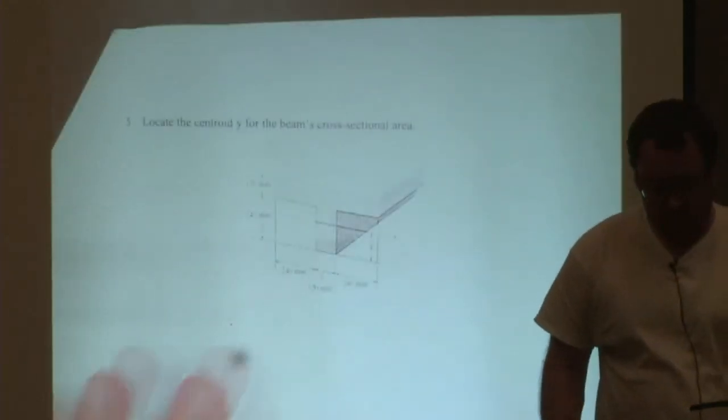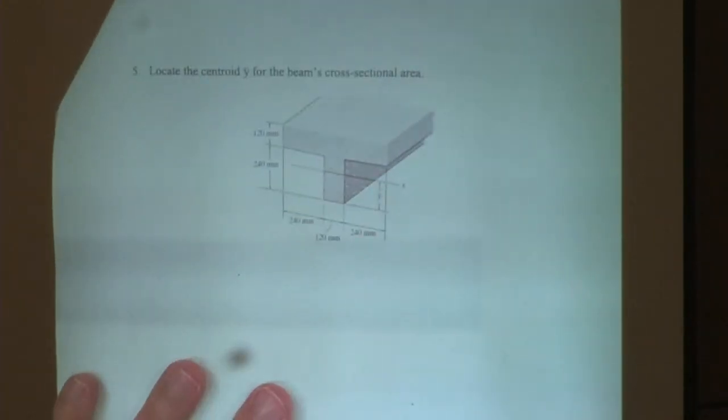All right, now let's go on to more of a simple centroid with just some numbers. Let's give you a minute to look over that quickly. These go pretty quick as long as you know what you're doing. They're just a little tedious.